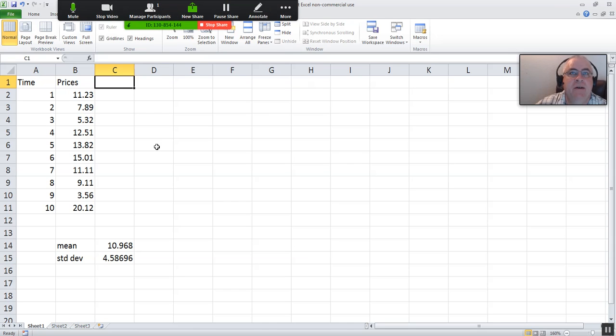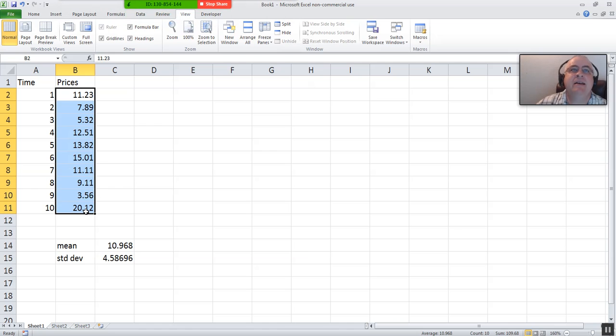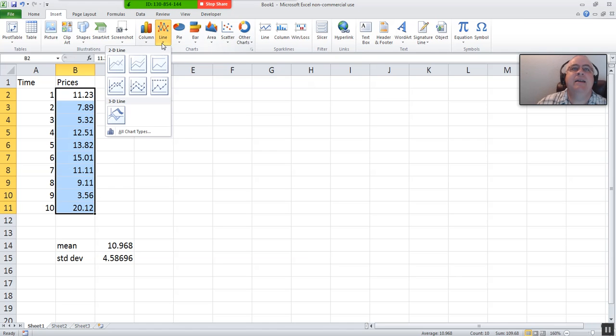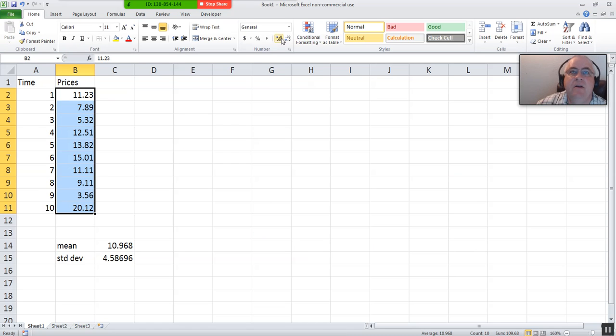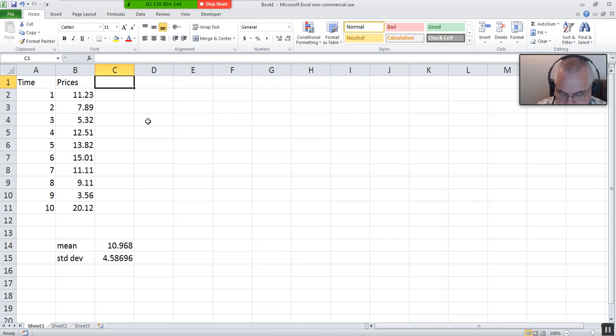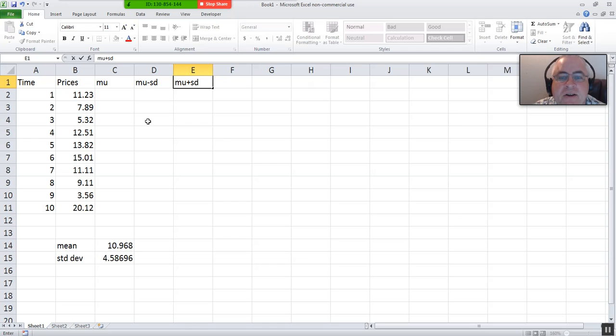Now I'm going to create a graph. If I just looked at this right here, if I highlight that data and choose insert, line, and then choose the first one, then it gives us this graph right here. Let me delete that. What we want is we want mu here. We want mu minus 1 standard deviation. We want mu plus 1 standard deviation.